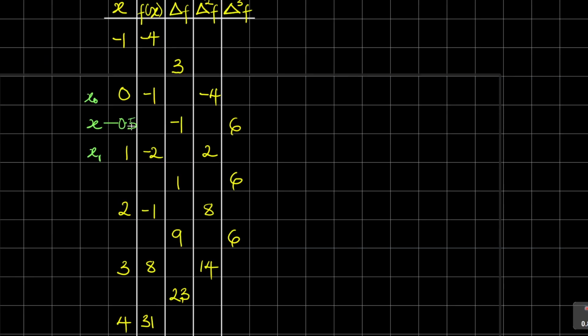But from the table, since we are dealing with forward difference interpolation, you can see that the numbers increase as we move downwards. So I'm going to draw a line which is going to move downwards. So we are going to consider these numbers just above our line.